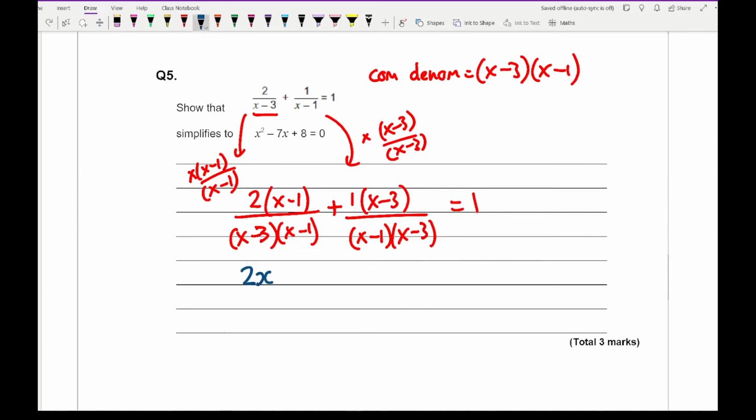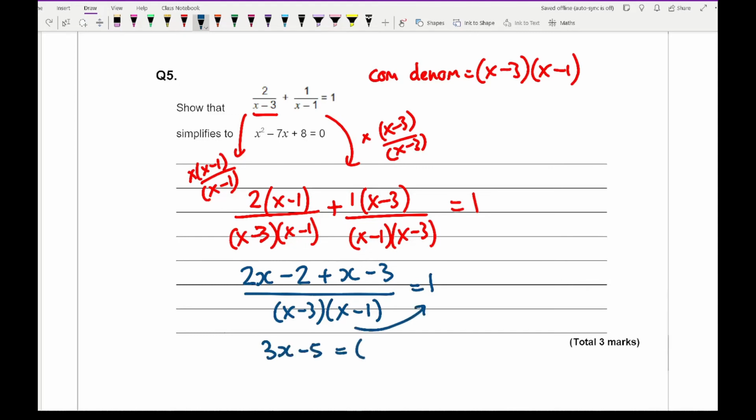So I've got 2x minus 2, and again that mistake is very easily done, so it's a good job I spotted that, plus x minus 3 all over x minus 3 x minus 1, and that equals 1. Then if I neaten up the top, I end up with 3x minus 5, and I take these double brackets over to the other side, so I end up with x minus 3 x minus 1.